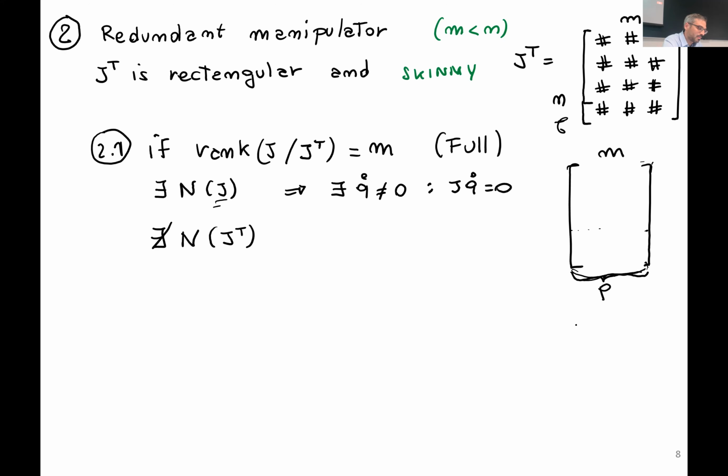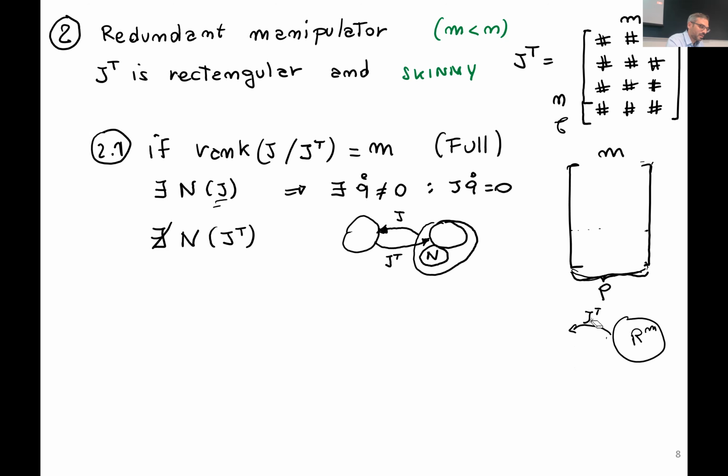Since J transpose is mapping from R^m to a bigger set, the null space could be only here. And in fact, this is the situation. We have a null space for J here in the domain, and we don't have it for J transpose.